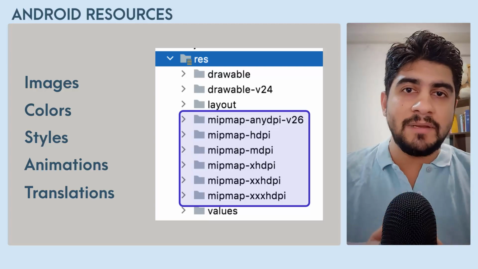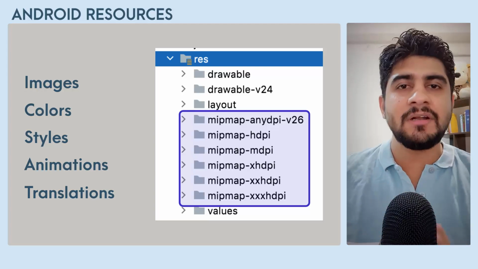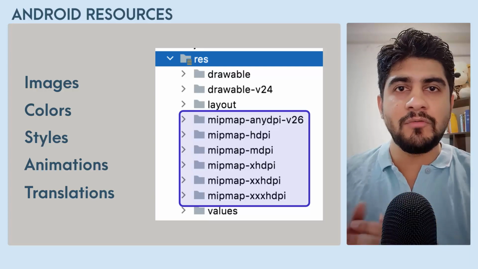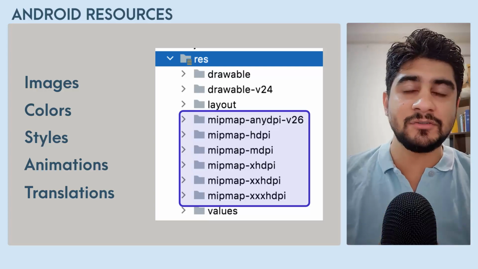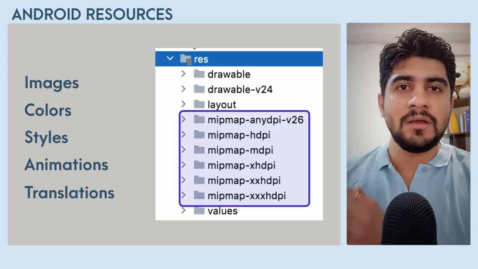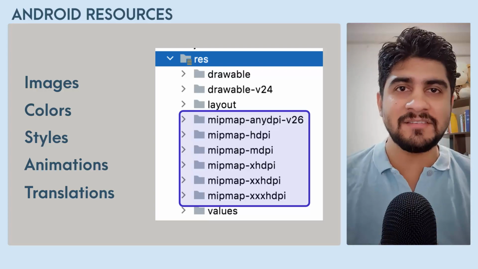When you download the application on your phone, you will download only those resources which are relevant to your phone or your phone density, right? So it won't be downloading unnecessary resources that it doesn't have to show in the UI. Hence, using less storage and less runtime memory.